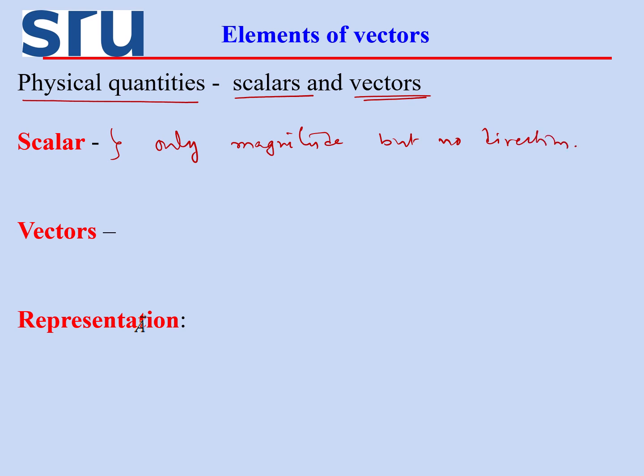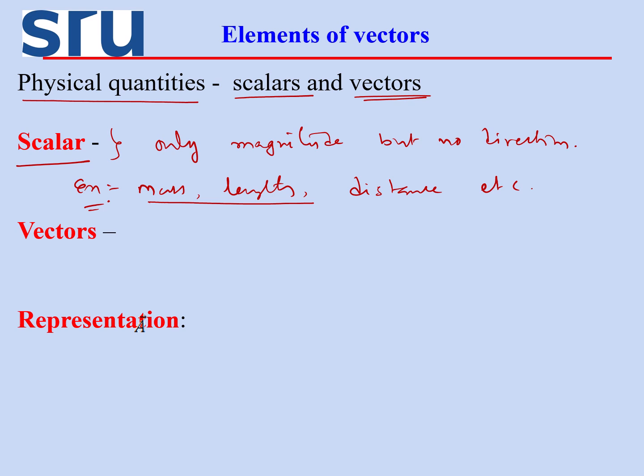That physical quantity is called scalar. Examples: mass, length, distance, etc. These are all called scalars.